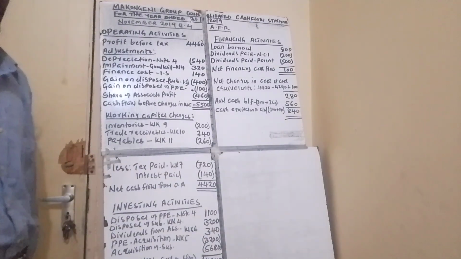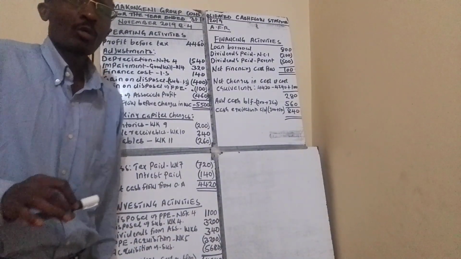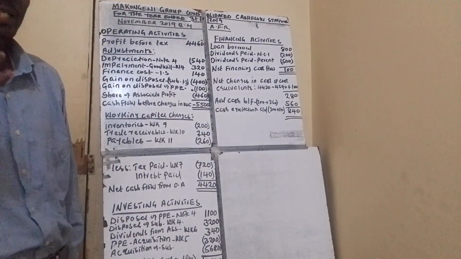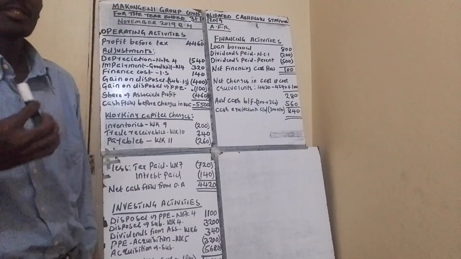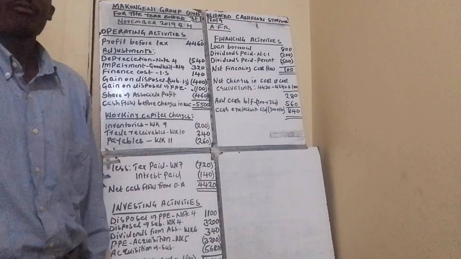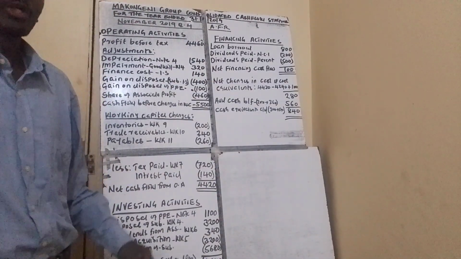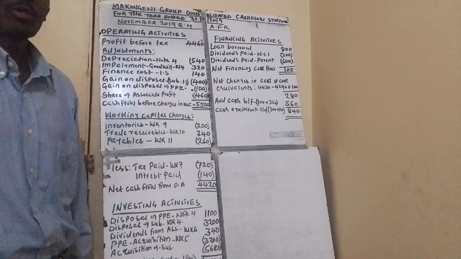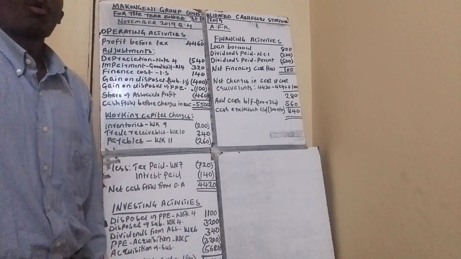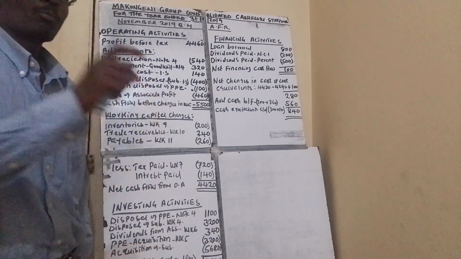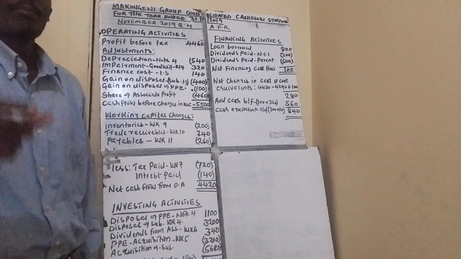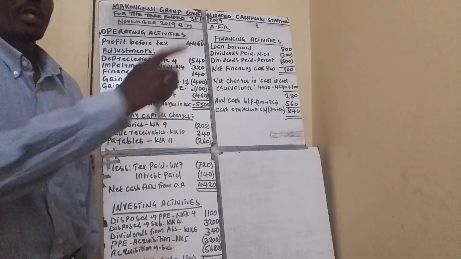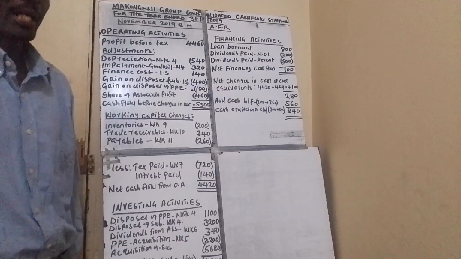So that is the reason why you have to compare the opening balance for the cash and cash equivalents with the closing balances of the cash and cash equivalents. You reconcile the two so that you are able to explain to the shareholders or the owners of the business what brought up the difference between the opening balance of the cash and the closing balance of the cash.